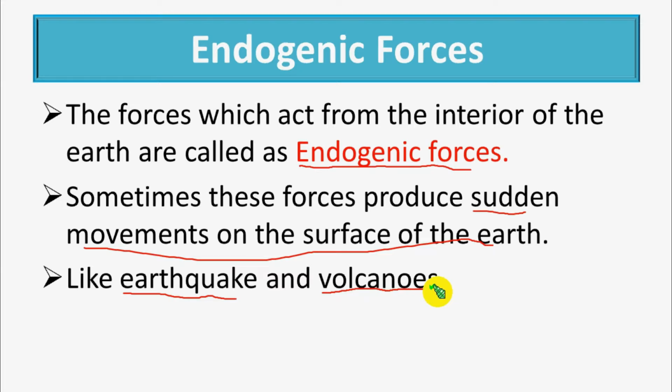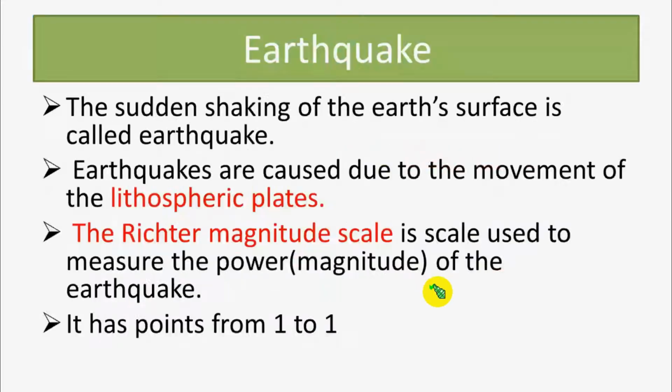Due to this also, many changes occur on the surface of the earth. Now we will study both earthquakes and volcanoes in detail one by one. First, let's study earthquakes.